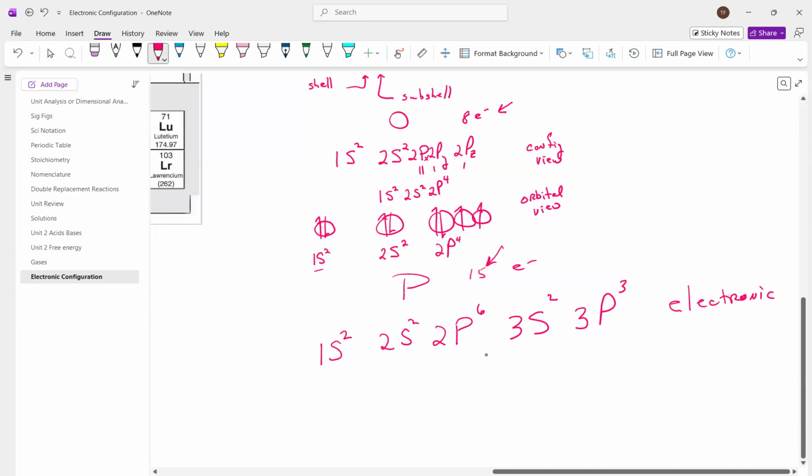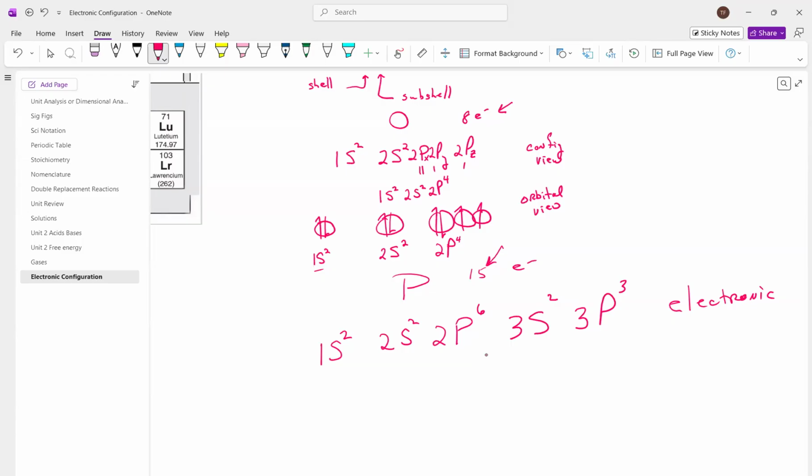Then we go to 2 and start filling up S and Ps. And we've filled them up. Now we got to go to the next one, which is the 3 level. So we start all over again with the S and the Ps. Okay, I get it, and then 3. Okay, keep going. Yeah, and now after this, things get more interesting.